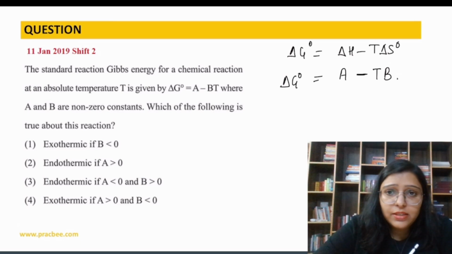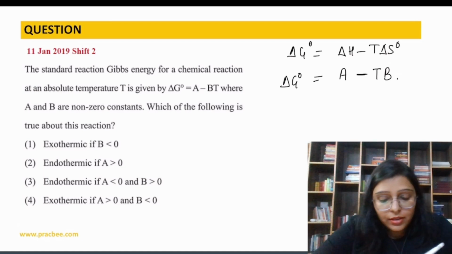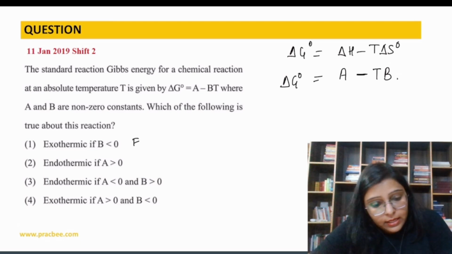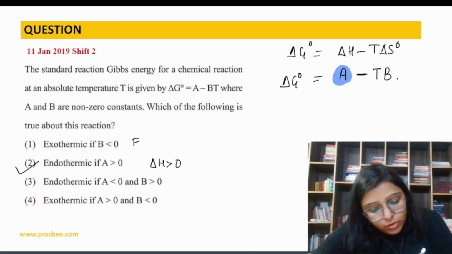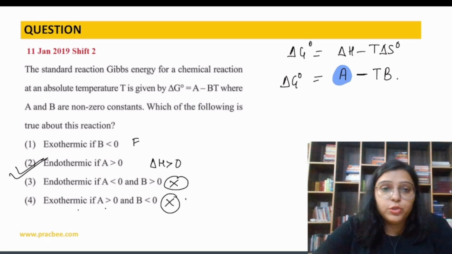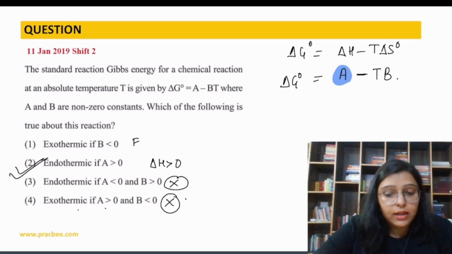Exothermic reaction, B is less than 0? B is entropy, so entropy and enthalpy don't relate like this. It is incorrect. Endothermic if A is greater than 0? Yes, if delta H is greater than 0, then it is endothermic. So this is true. Endothermic if A is less than 0, no. Exothermic if A is greater than 0, no. So option 2 is the correct answer.